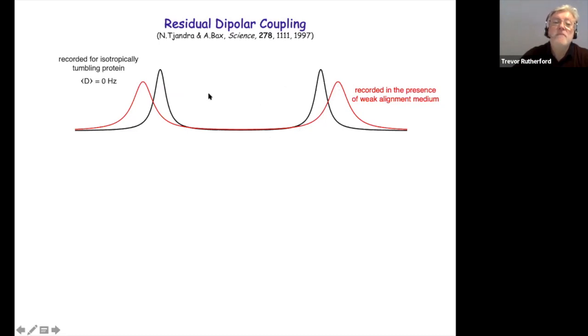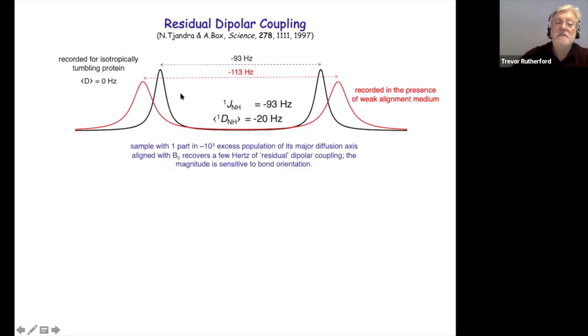So we can measure the separation of these signals. That is the value of J plus the residual dipolar coupling. This isotropic spectrum is the reference spectrum, which is just the J value on its own, and the dipolar coupling is averaged to 0 in this case. So we can extract from that what the value of the dipolar coupling is.